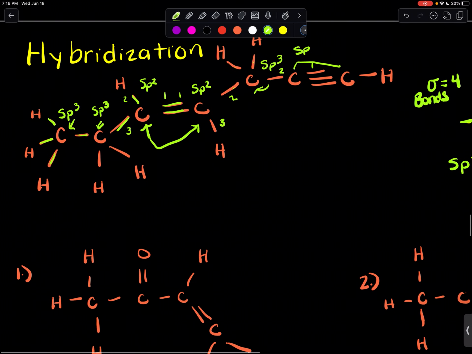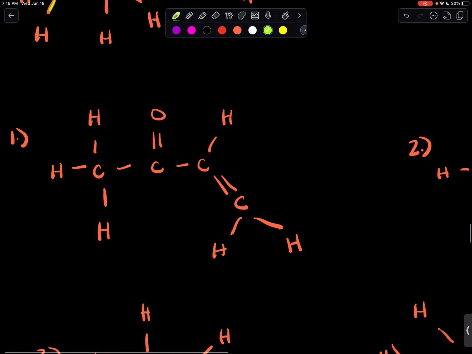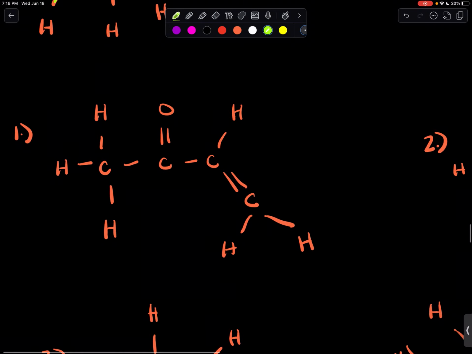All right. So you can try to do these and then double check with me to see if you got these right. Let's just focus on this carbon here, the first carbon. What is its hybridization? Again, you can just eyeball it and know that it's attached to 4 things. This carbon is sp3.